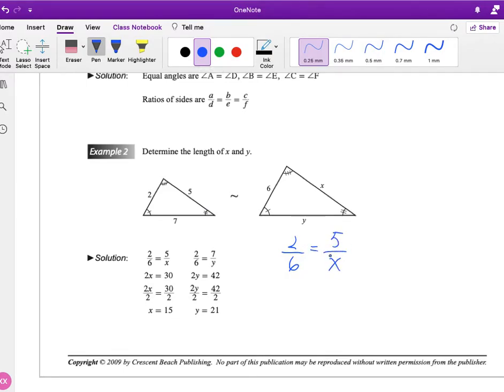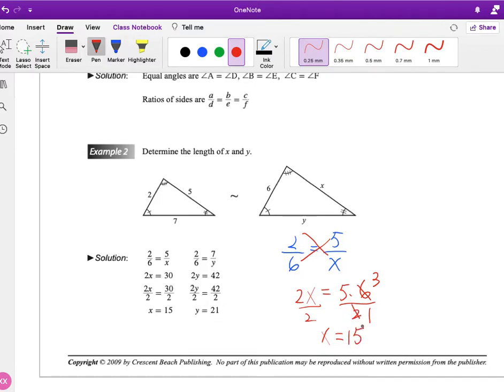Now let's figure out how much x is. I always use the so-called cross multiply. So 2x equals 5 multiplied by 6. Divided by 2, the 2 and the 6 can reduce, that is 1, that is 3. So therefore, x equals 15.